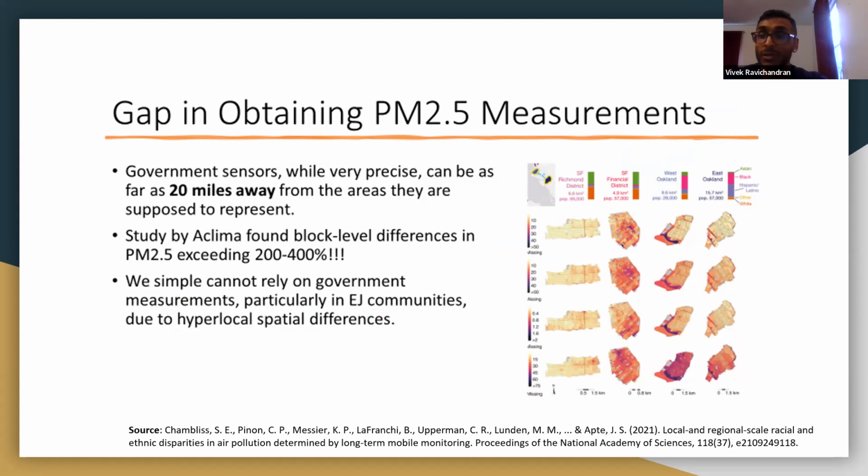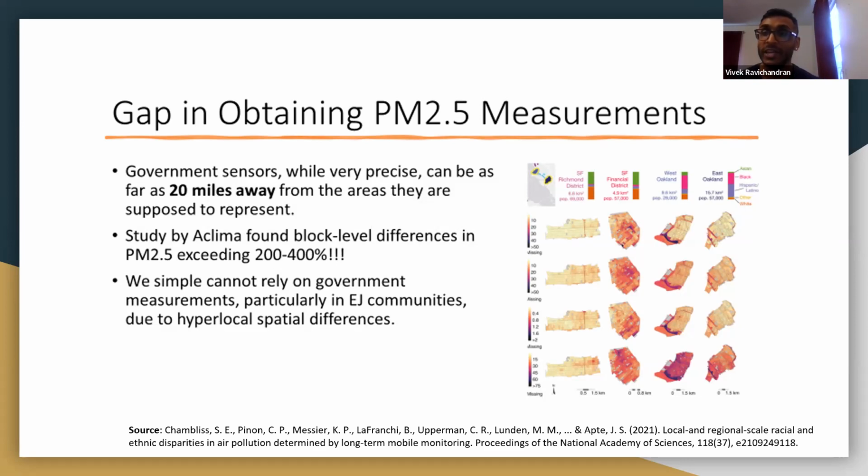The reason this is problematic is you have on the right a map of 2 districts. You have San Francisco, and then you have Oakland, 2 cities. And within these 2 cities, you still observe that at the city block resolution, air pollution, whether it's black carbon, whether it's fine particulate matter, whether it's NOx, anything, you have gradients that are 400% apart.